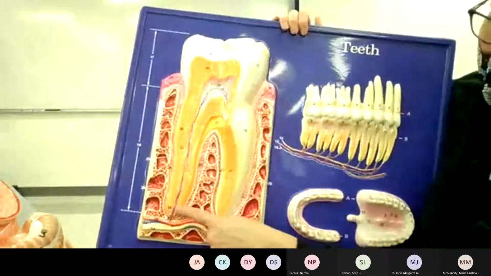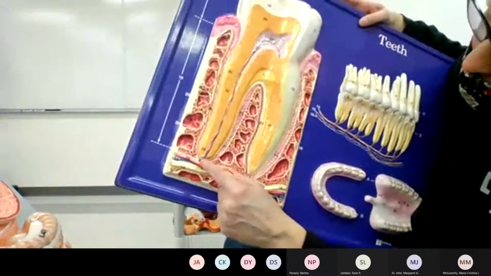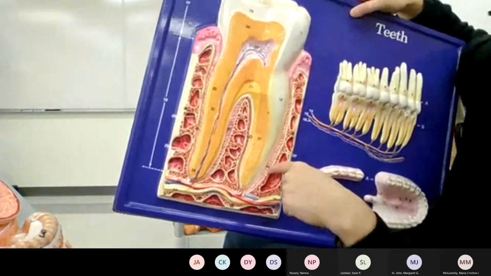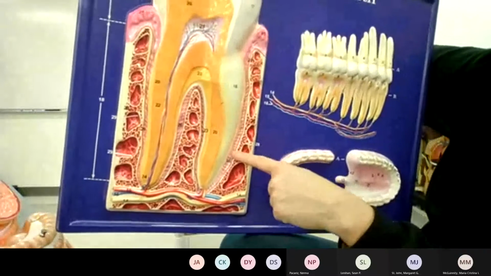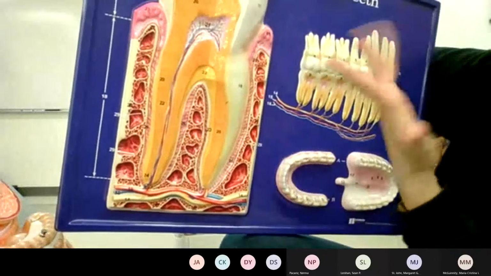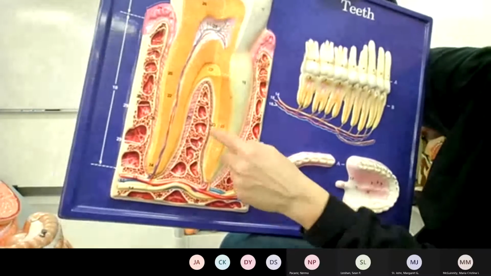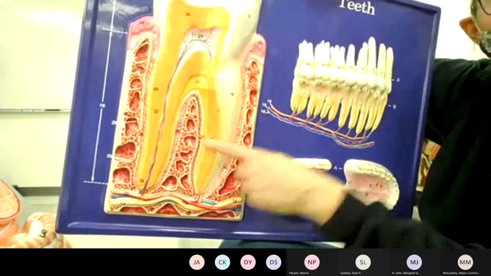I think 24 would be where the apical foramen is, and then 26 represents the periodontal ligament. And then maybe even 23 could also represent a little bit of the cementum.